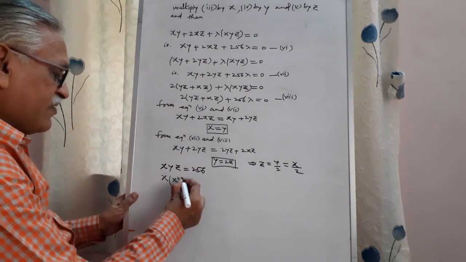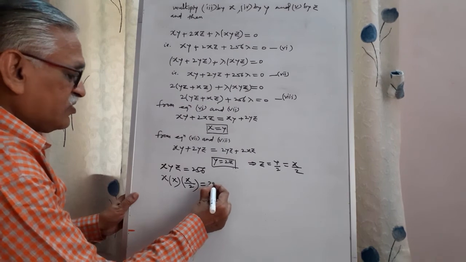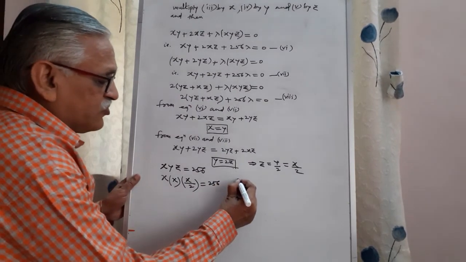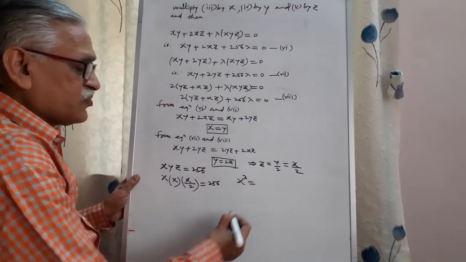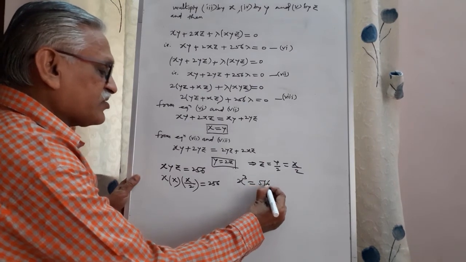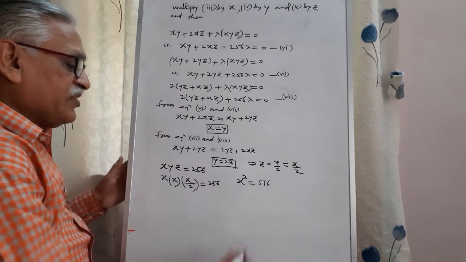If we put that value here, we get x into x into x by 2 equals 256. X cube equals 256 into 2, that is 512. Therefore x cube equals 512.